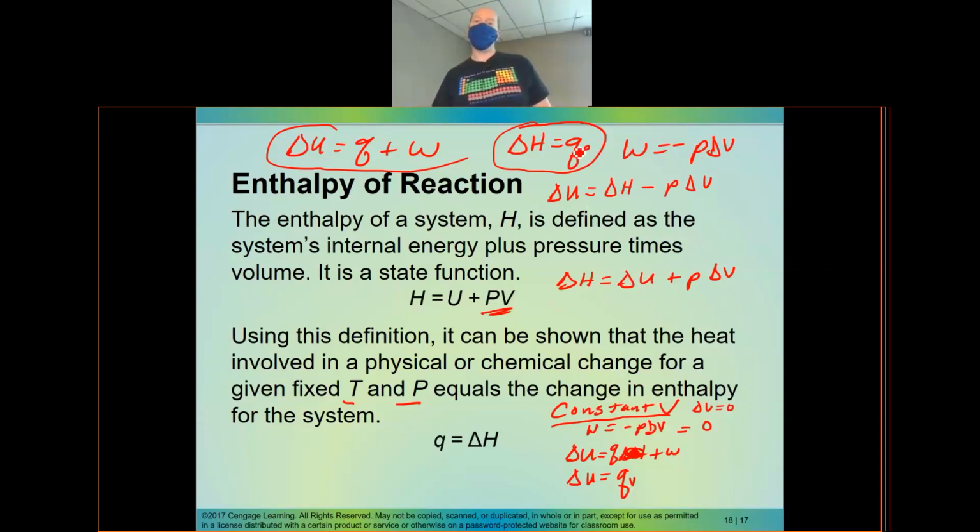So Q sub P, heat at constant pressure, is your delta H. Heat at constant volume is your delta U, because by the first law, if you have zero change in volume, you have zero work. So delta U is equal to Q at constant volume, and delta H is equal to Q at constant pressure.